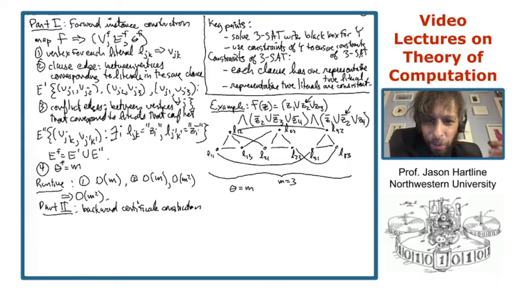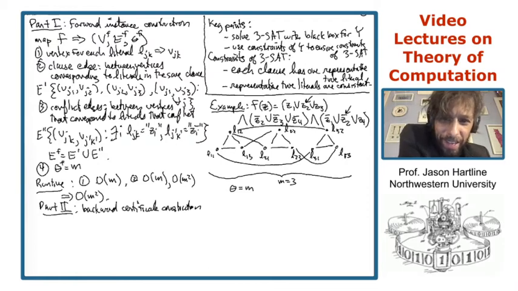We're imagining we've got a certificate for independent set, and we're trying to find a certificate for 3SAT. Okay, so we have an independent set S, and we're trying to construct a certificate for 3SAT.